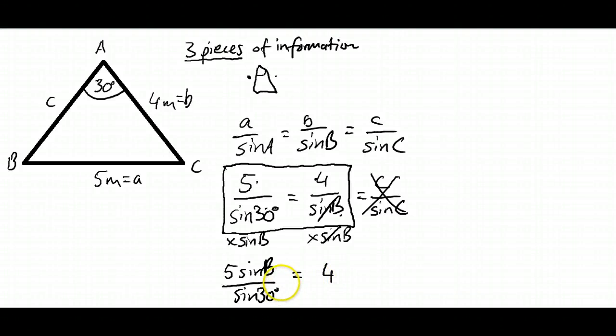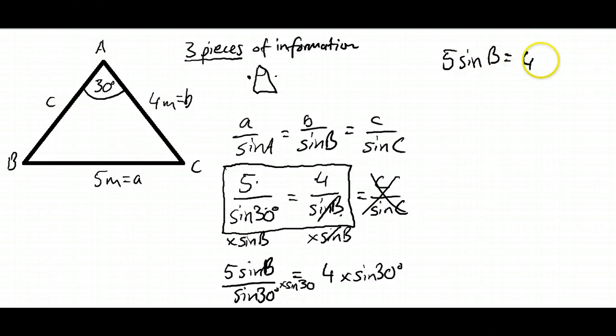Now we want to get rid of this sine 30 here, so we're going to do times sine 30 degrees on both sides, and that's going to give us 5 sine B equals 4 times sine 30 degrees. We're slowly getting there. Now we've got to get rid of this 5 here. That's stopping the B from being on its own, so we're going to divide both sides by 5.